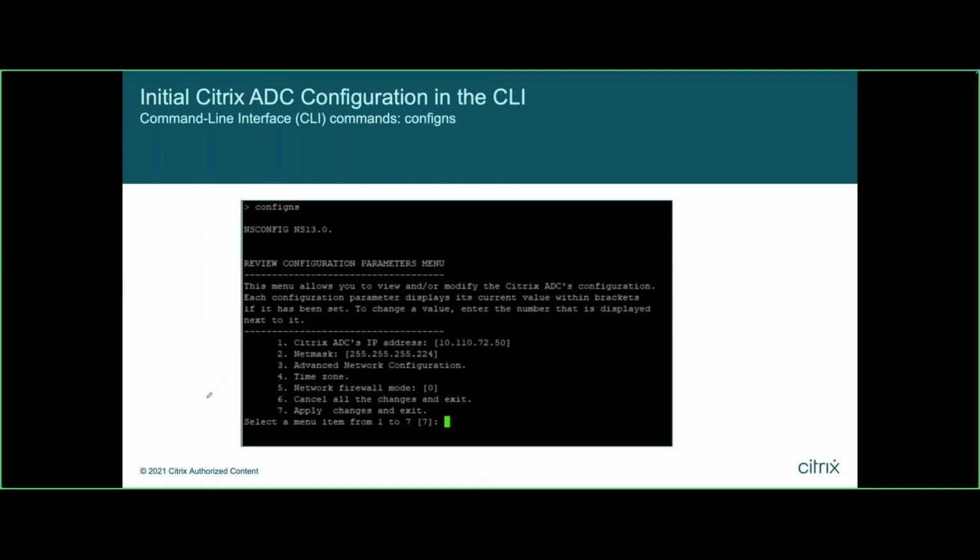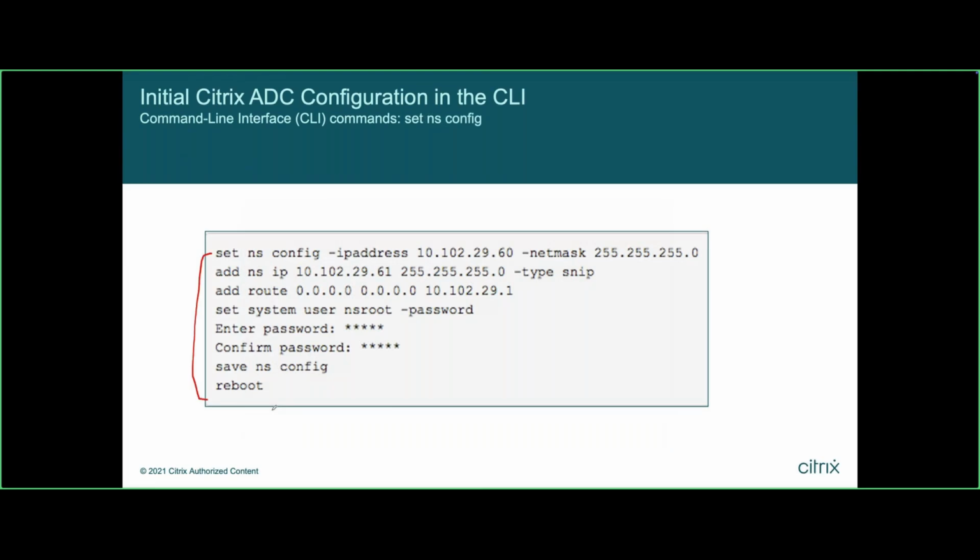If you go into the NetScaler, you can just type config ns and start configuring the NS from the options right here. So this is where you can do your ADC configuration, either from this NetScaler menu, or you can open PuTTY and log on to your NetScaler and set all these parameters.